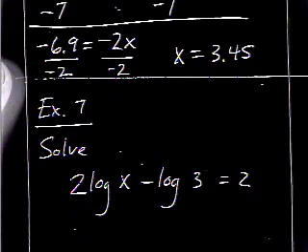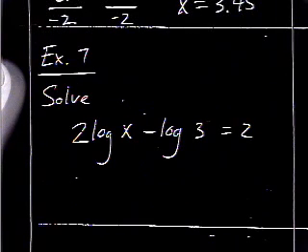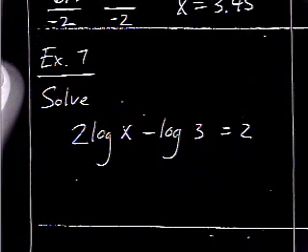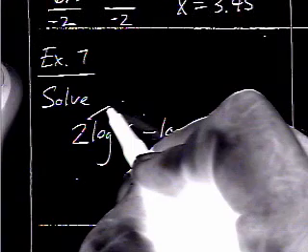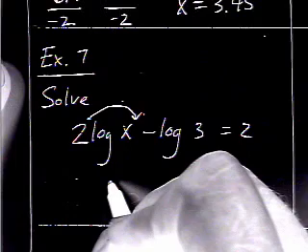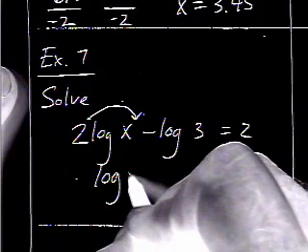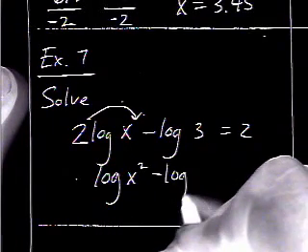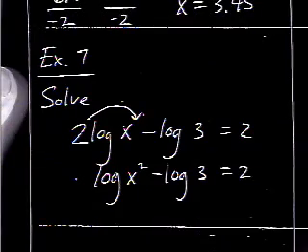These clearly are not in single log form, so it's time for me to change them into single log form. Using my properties, we know that we're going to move this up and make it an exponent. So it's log x squared minus log 3 equals 2.